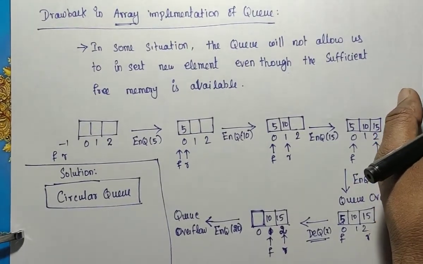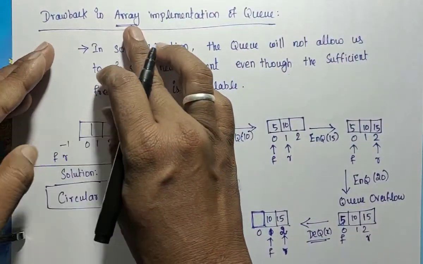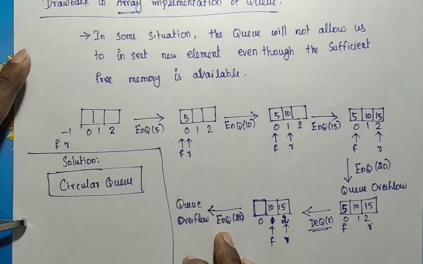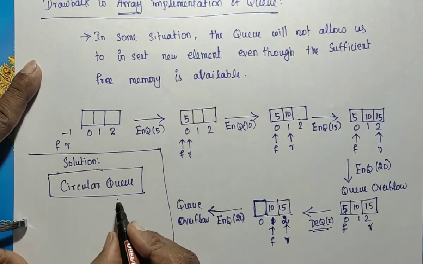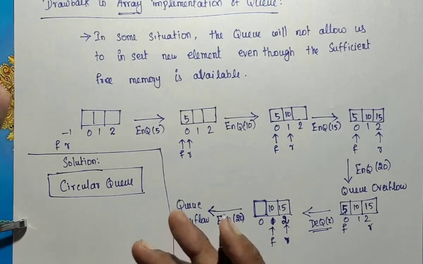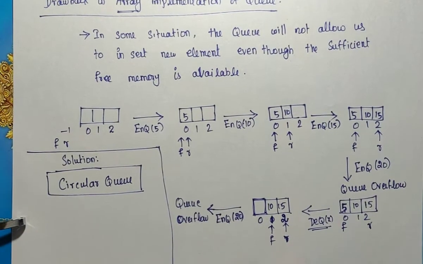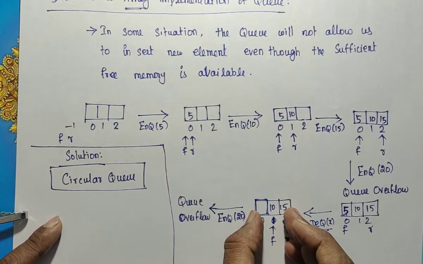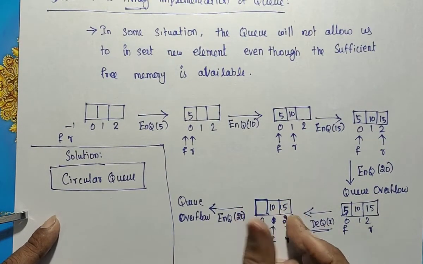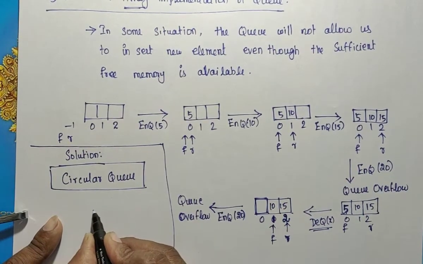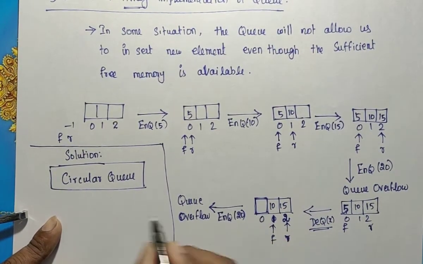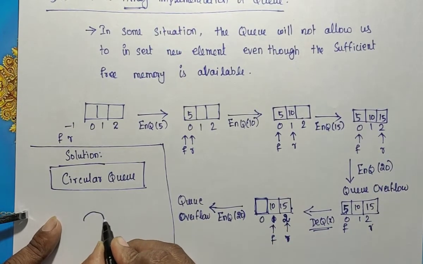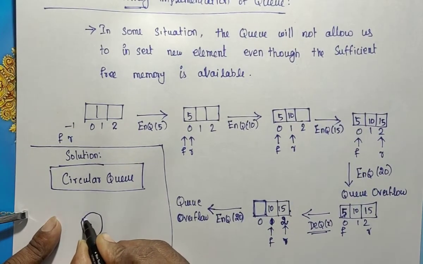If you want to implement the queue using an array and you don't want this kind of issue, then you should design the queue as a circular queue. What is a circular queue? Physically it is an array only. Logically we have to connect the front and the rear, which means we need to look at the array in a circular way.